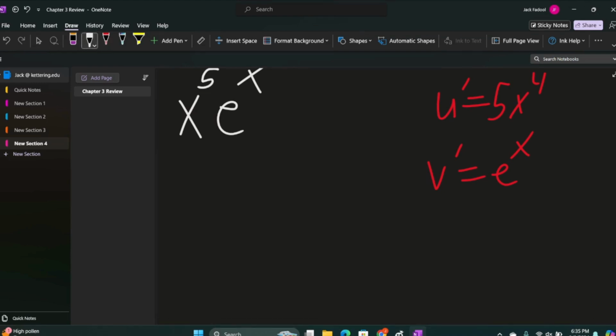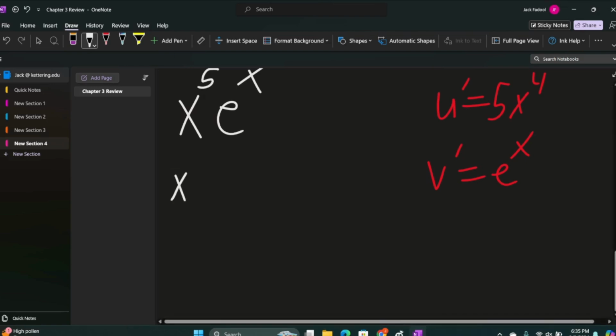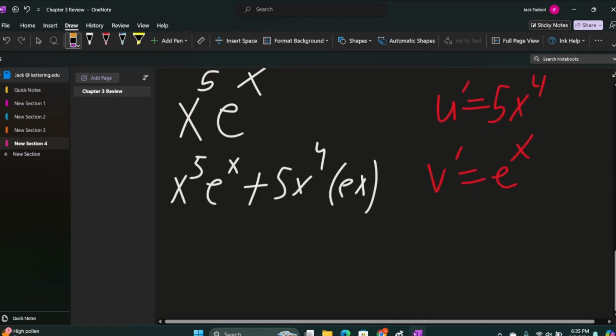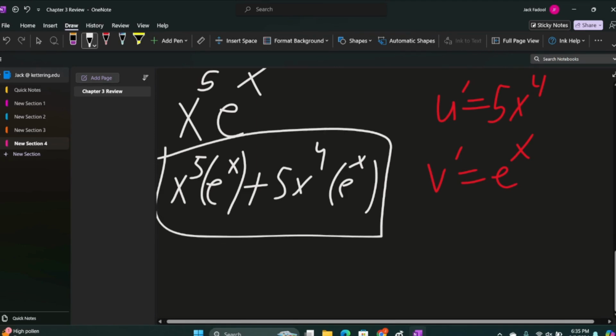So u prime times v, plus u times v prime, so 5x to the 4th e to the x plus x to the 5th e to the x. That's the derivative.